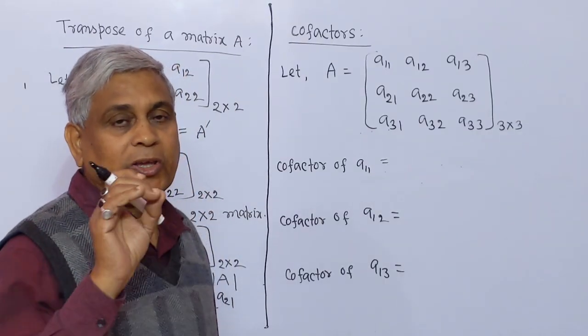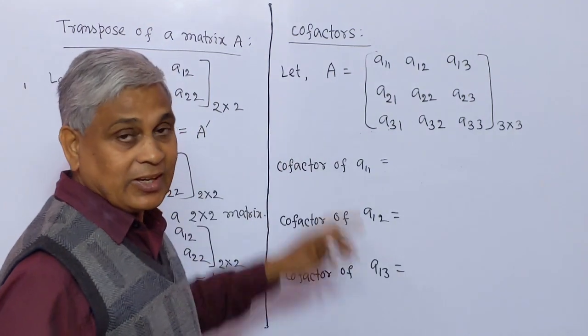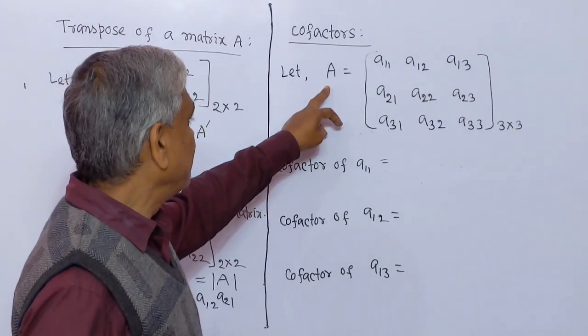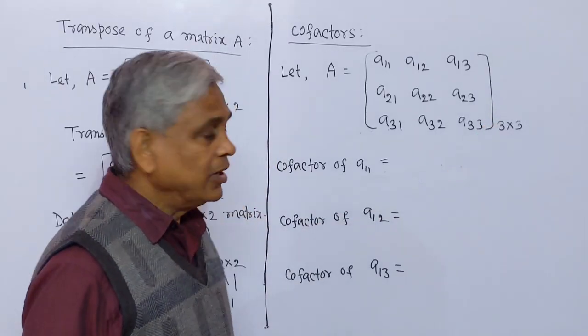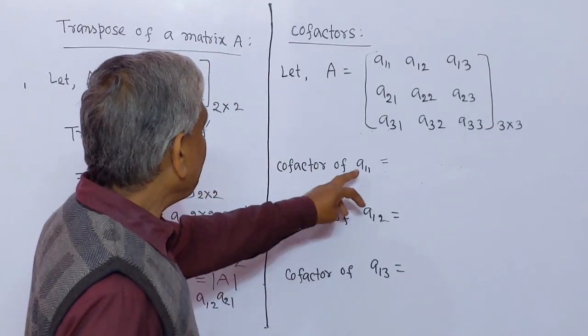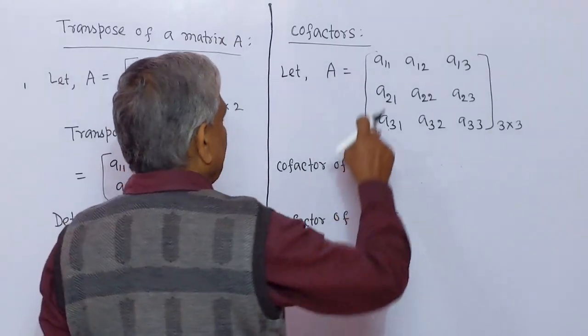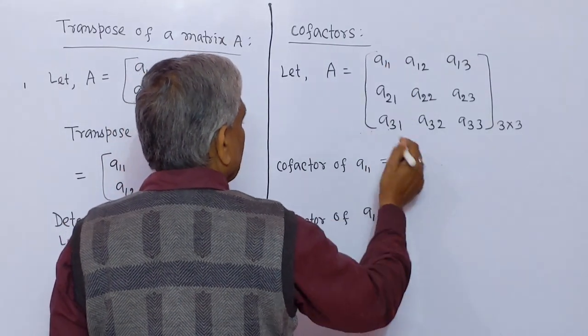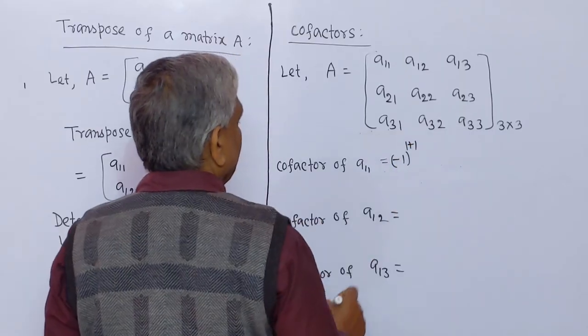Now I will give you the concept of cofactors of a matrix. Let A be a 3 by 3 matrix. Then we find the cofactor of A11. Firstly, we see it is position 1 1, so we write minus 1 to the power 1 plus 1.